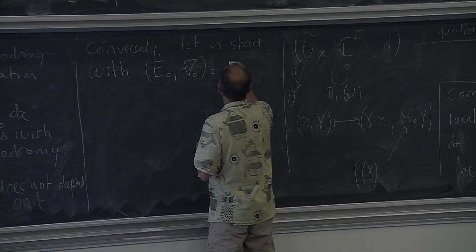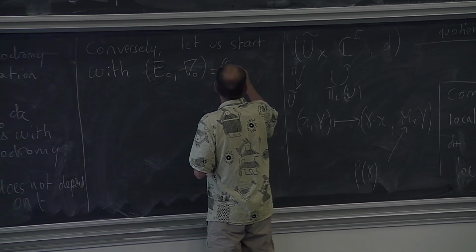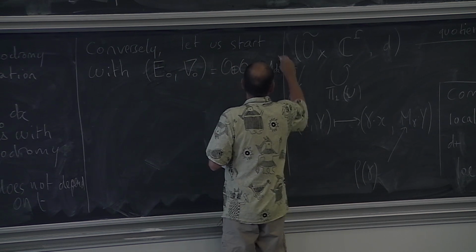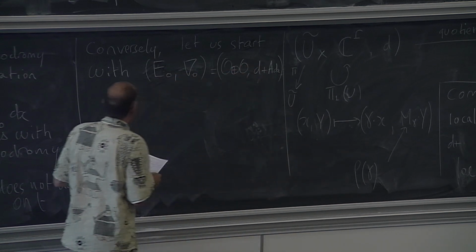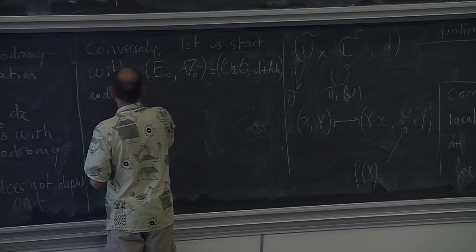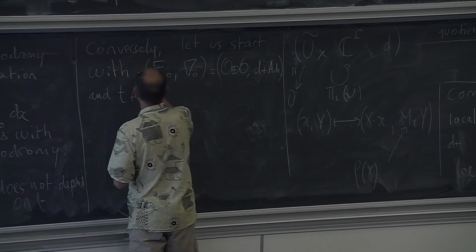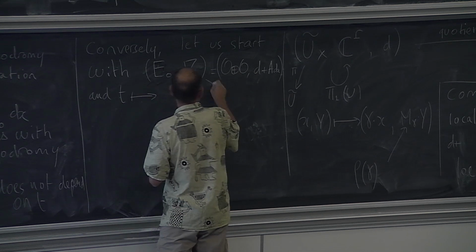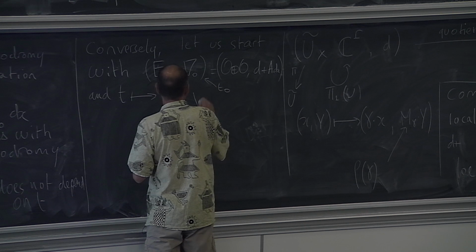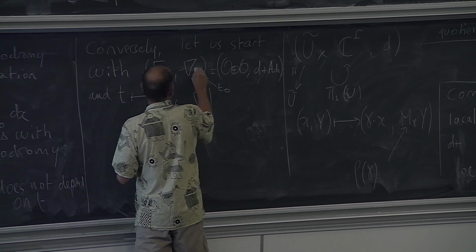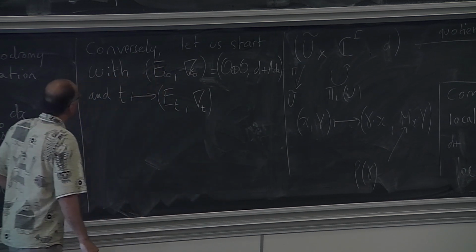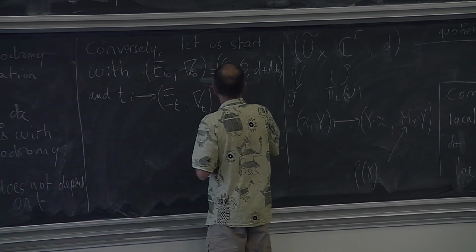So let's say O plus O with d plus A dx. Okay. And this is for T0. And T then gives E_T nabla T. So maybe T0. It's better to do like this. So you have an isomonodromic deformation.